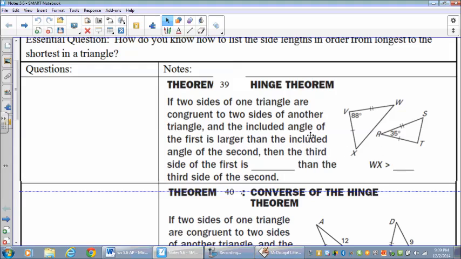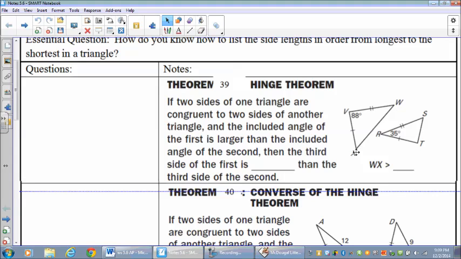And then it says the included angle of the first one is larger than the included angle of the second triangle. So the 88 is larger than the 35. What that means is that the third side of the first triangle, in other words this side here, WX, will be longer than the third side of the second one.